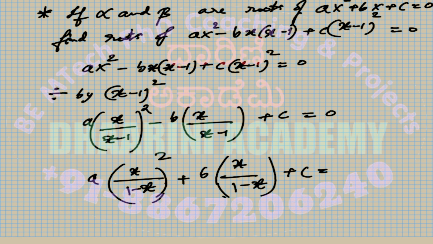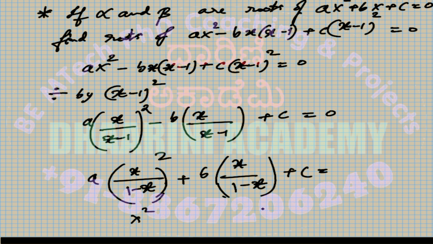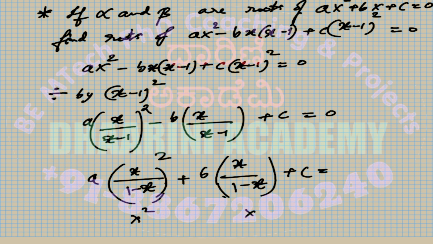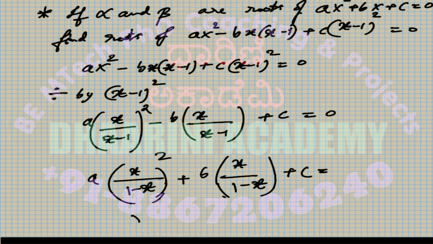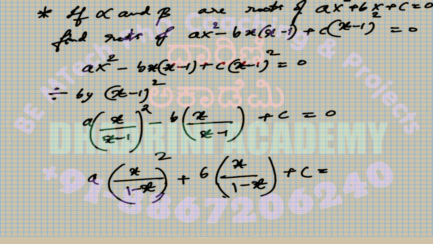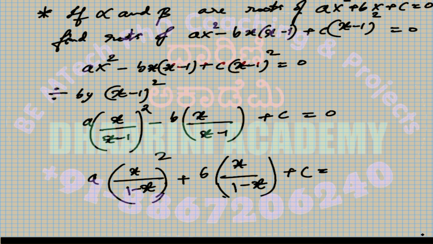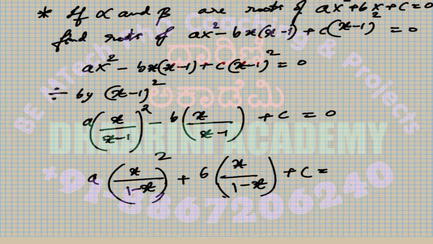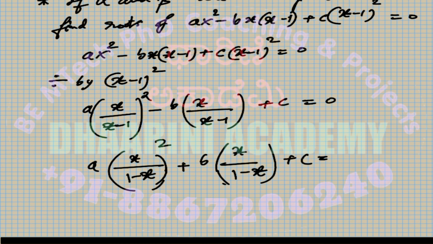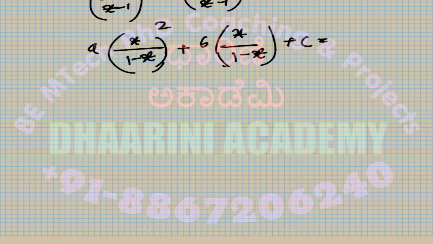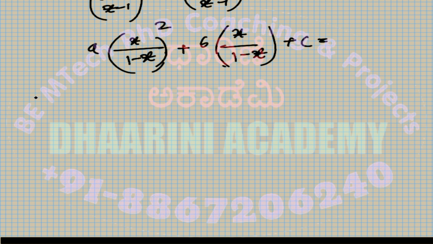Right, so if at all I try to write the alpha and beta as this, if you have simply x square and simply x, then the roots are alpha and beta, correct? So what I can try to write now is, alpha is equal to this value, beta is equal to the same value. Okay, so x by 1 minus x I can try to write like this. So I'll make one statement here.